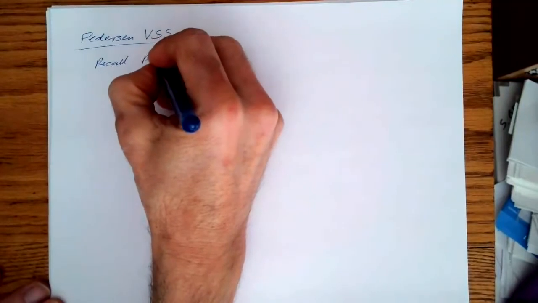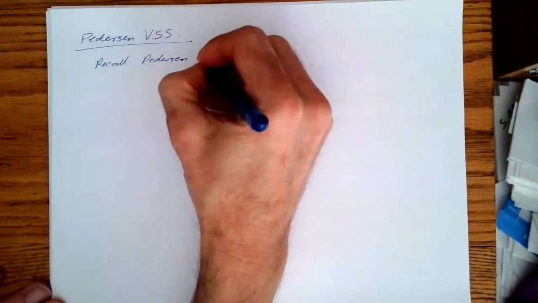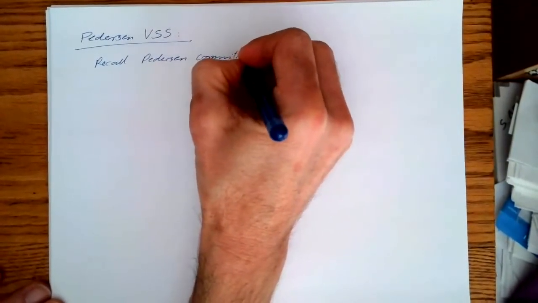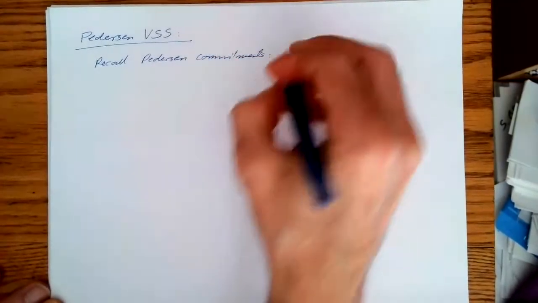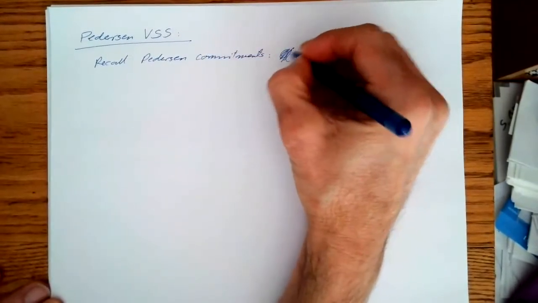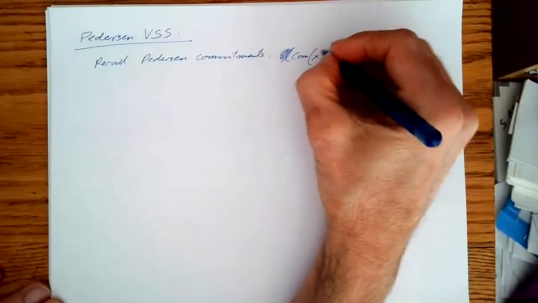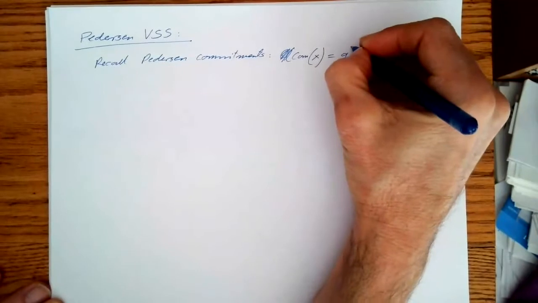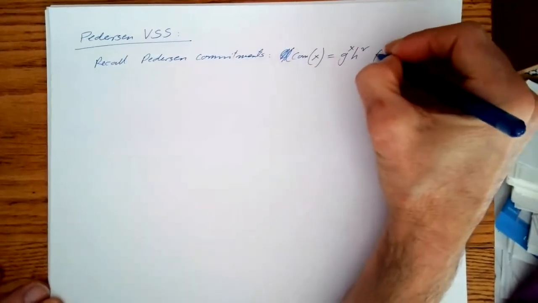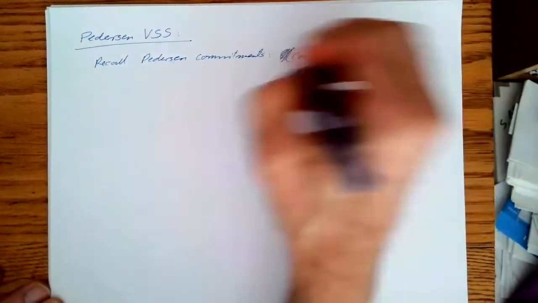So recall Pedersen commitments. The commitment to a value X is g to the x, h to the r, for random r.